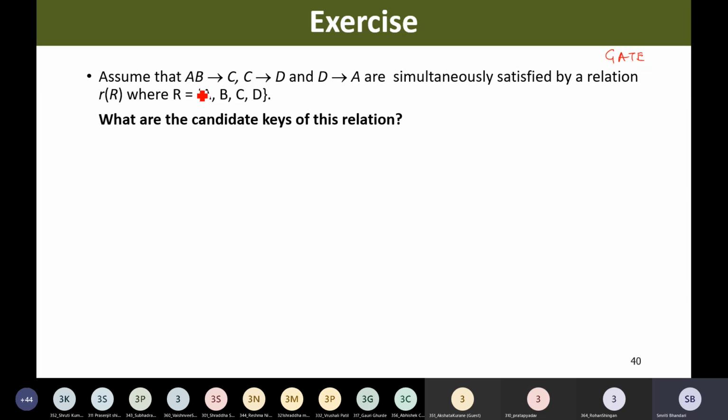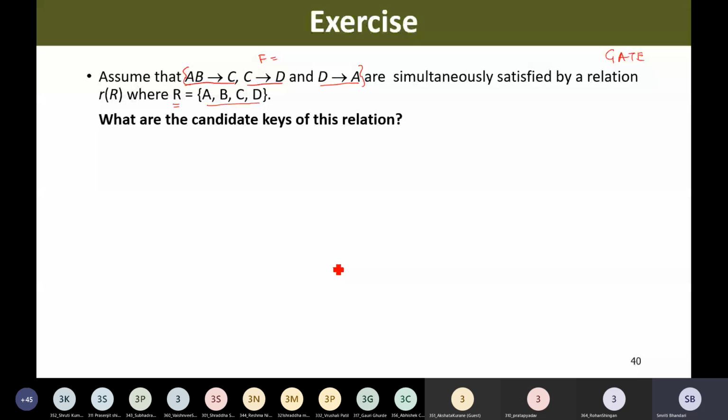So, this is the very first simple question. Assume that we have this set of functional dependencies: AB to C, C to D, and D to A. This is our set of functional dependencies F that is being provided. The relation schema R is A, B, C, D. So we have 4 attributes in our relation and these functional dependencies available.